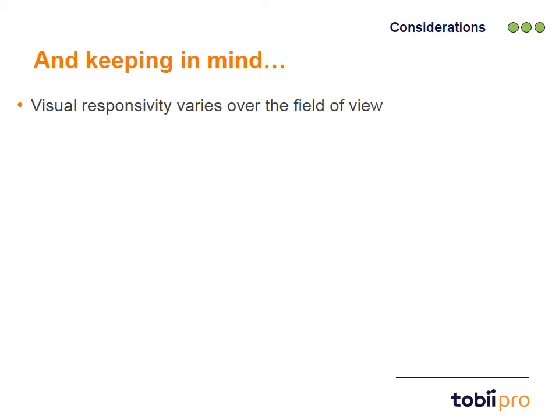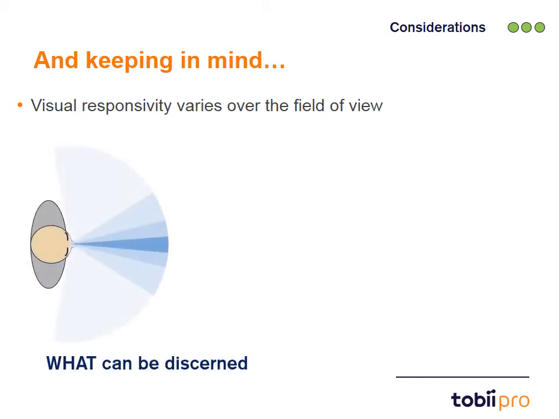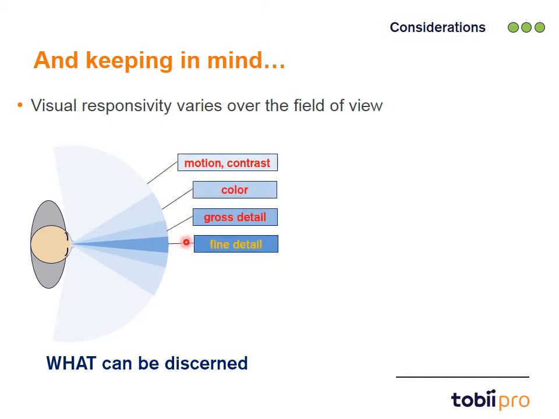Now, in addition to basic hardware and stimulus concerns, we also have to be mindful of the fact that visual responsivity varies over the field of view. What exactly does that mean? Let me pull out my laser pointer here. What it means is that when we are looking straight ahead, on axis, projecting directly out from our face, we can discern fine details with good precision.